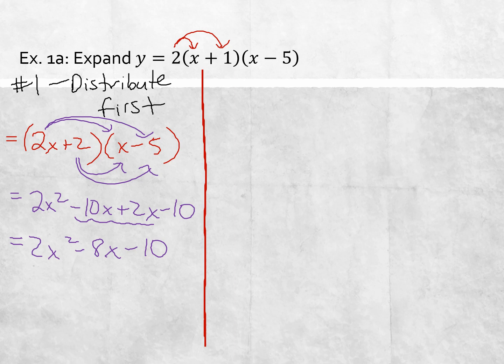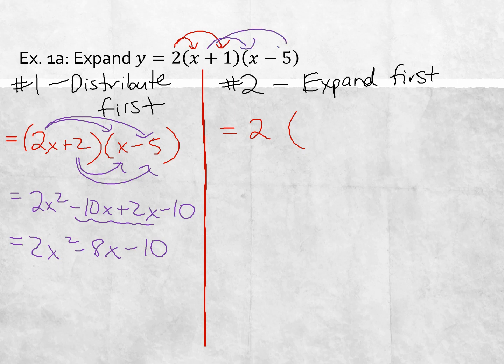Method number 2. We are going to expand first. So FOIL first, if you will. So we're going to save that 2 for the very end. We're going to do our FOIL first: first, outside, inside, last.